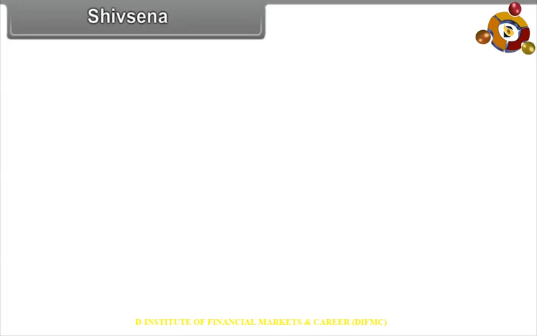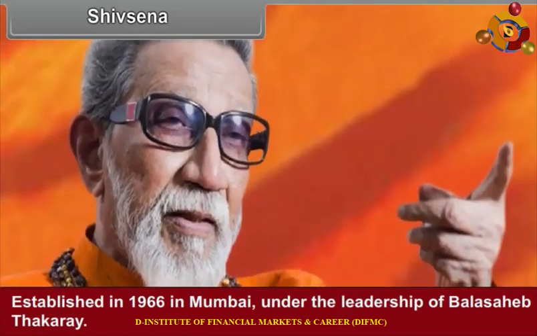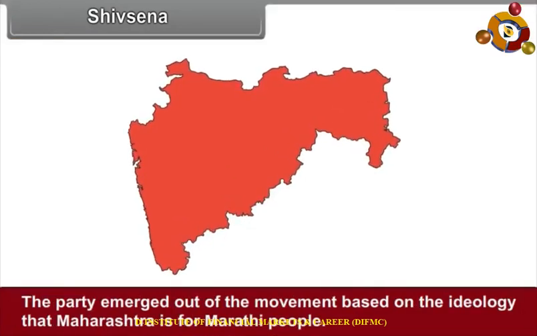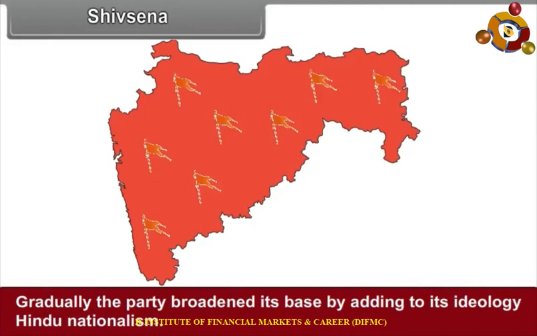Shiv Sena. Established in 1966 in Mumbai under the leadership of Balasaheb Thackeray. The party emerged out of the movement based on the ideology that Maharashtra is for Marathi people. Gradually, the party broadened its base by adding to its ideology Hindu nationalism.